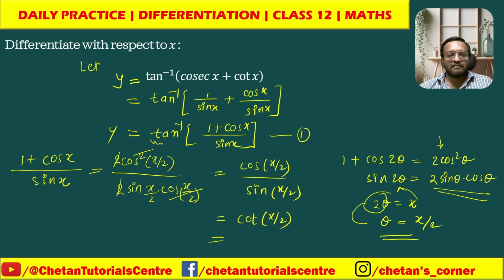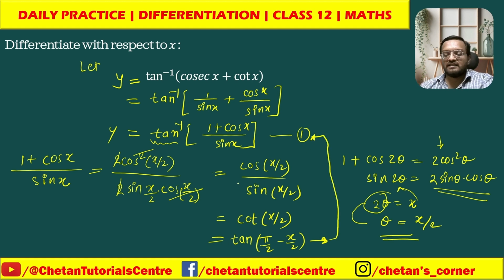Now here we have tan inverse, so we have to convert this cot in terms of tan. So what I will get, tan of pi by 2 minus x by 2.